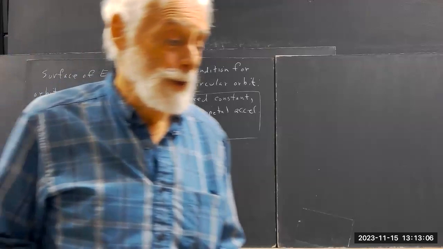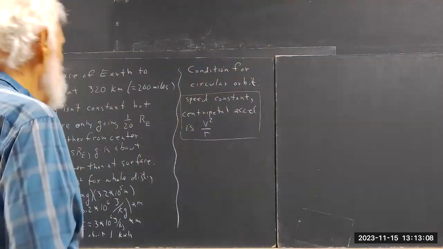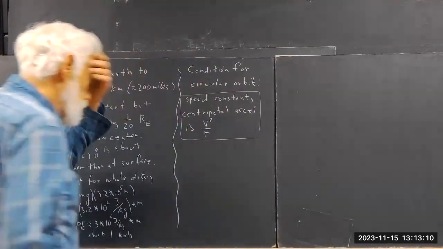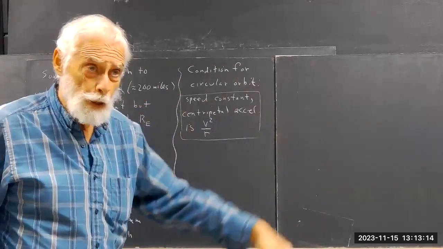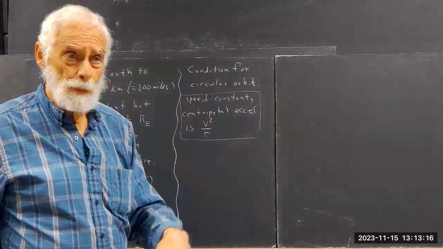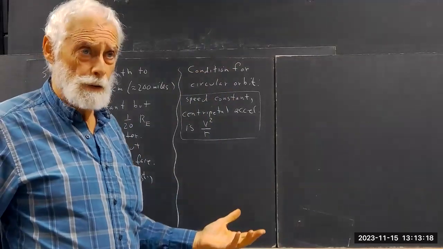Now let's apply that to the Earth, because what we concluded was the centripetal acceleration you need to stay in a circle around the Earth has to be coming from gravity, because there's nothing else out there acting on you.